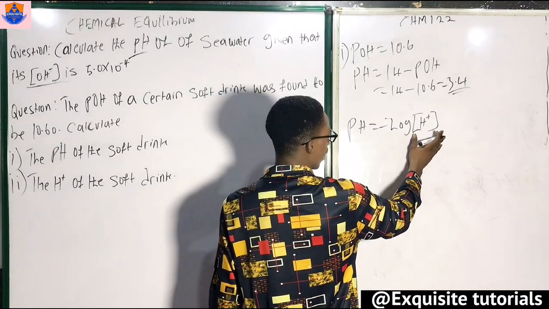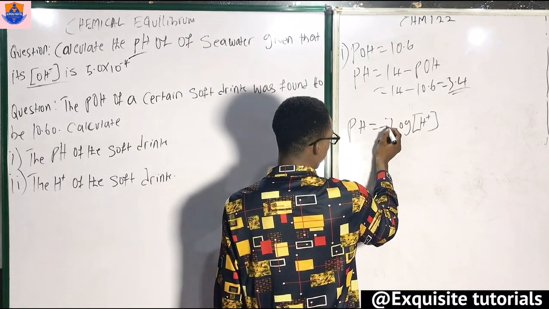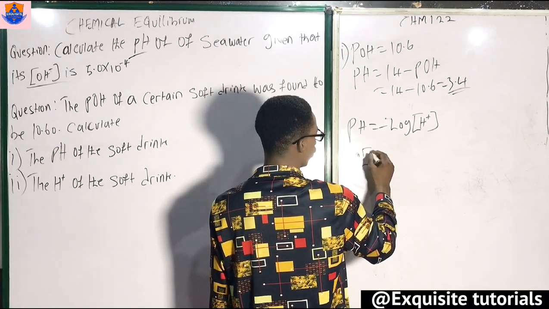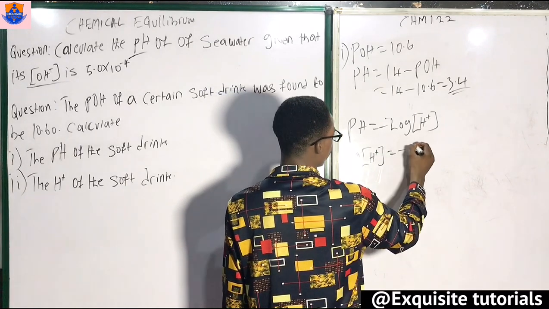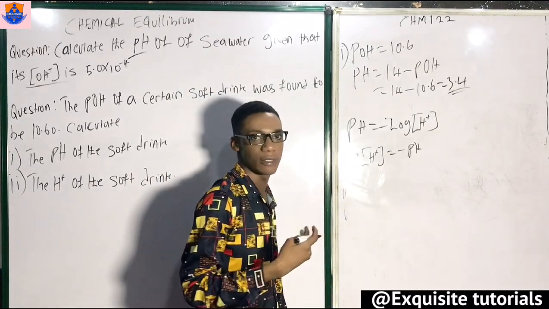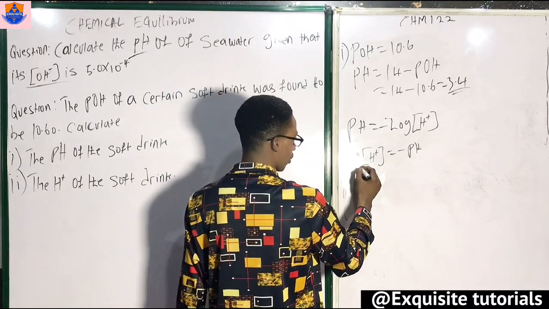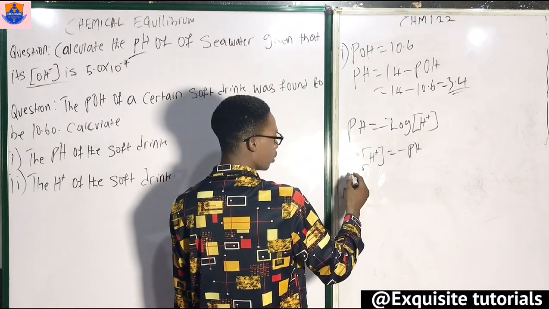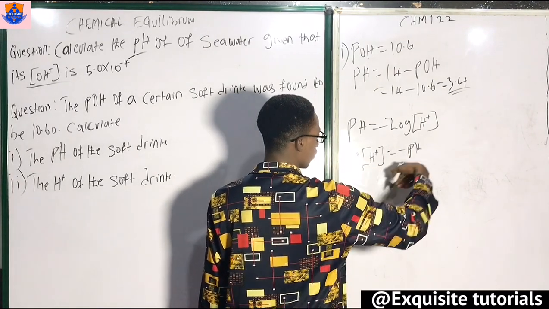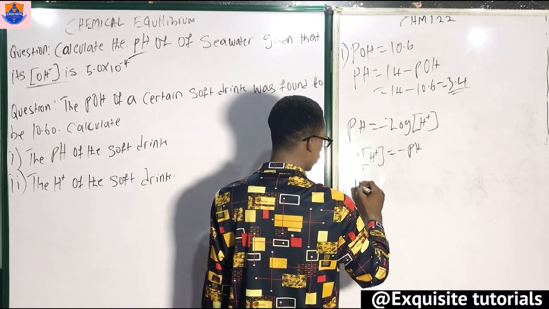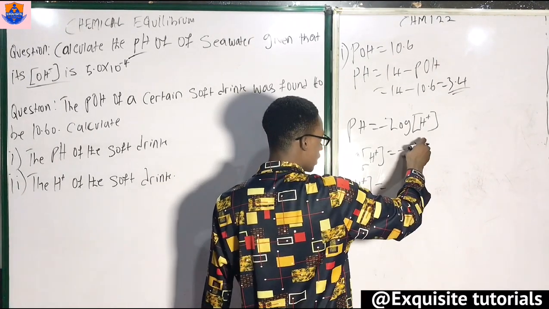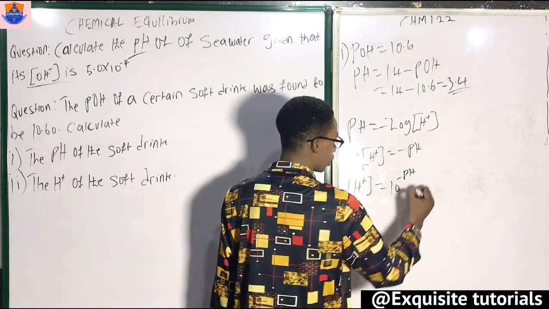So how do we make hydrogen ion the subject of the formula? First of all, multiply both sides by minus so that you can take this minus to this side. So we have log concentration of hydrogen ion is equal to minus pH. Now, the logarithm for calculating pH is in base 10. Taking the log away from here, the concentration of hydrogen ion will be equal to, either you say antilog of this or you say 10 raised to the power minus pH.